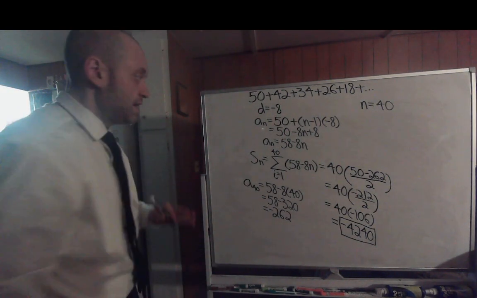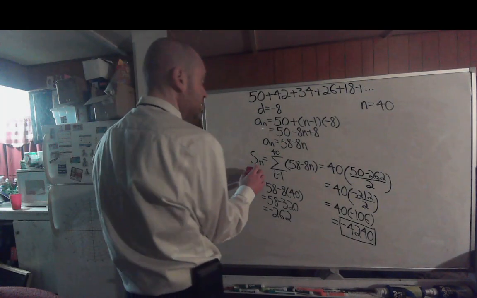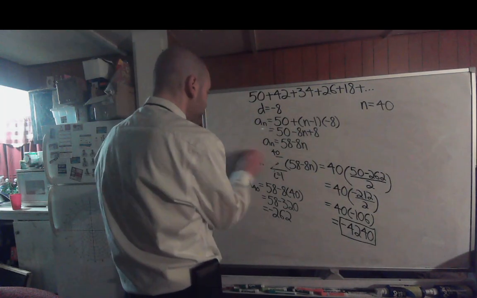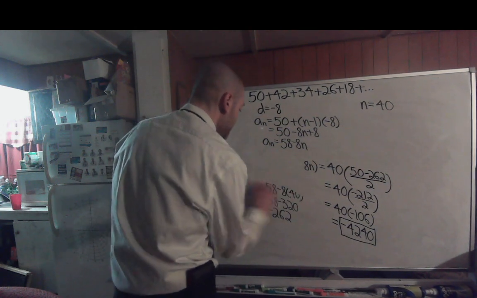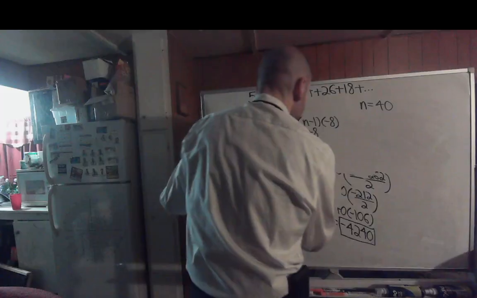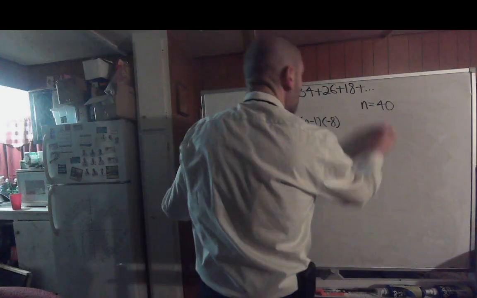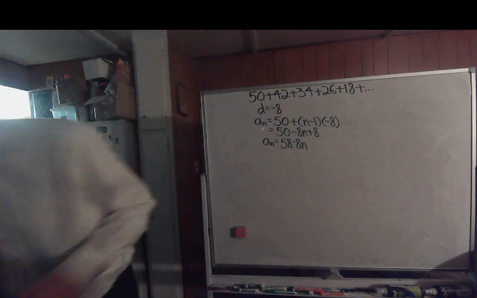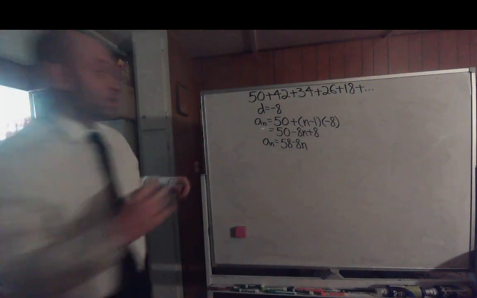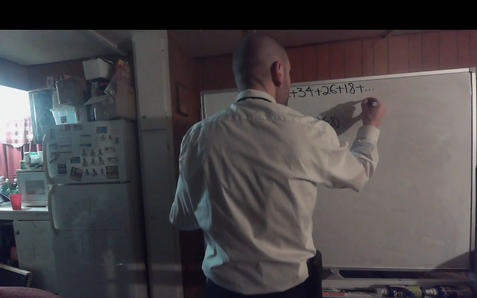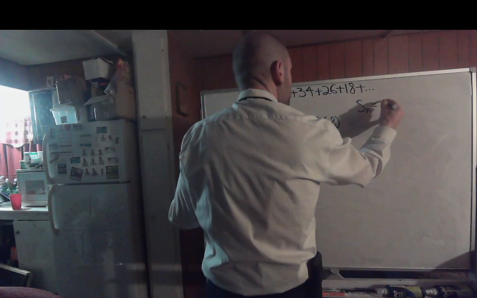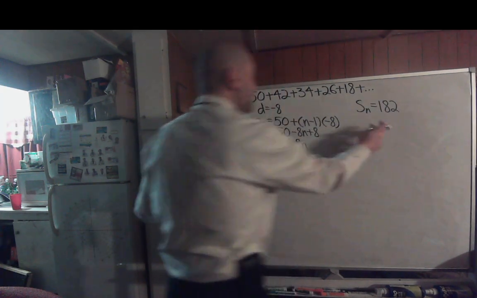All right, now what if, in this case, there's a second part to this problem. We need to find the term number where the sum equals 182.